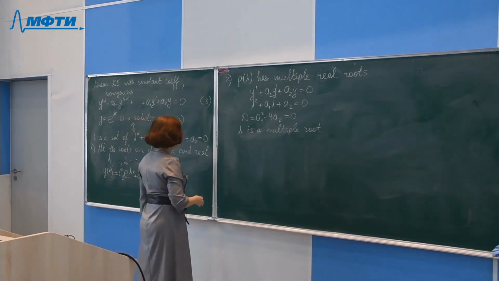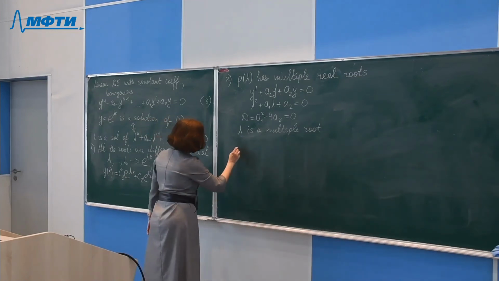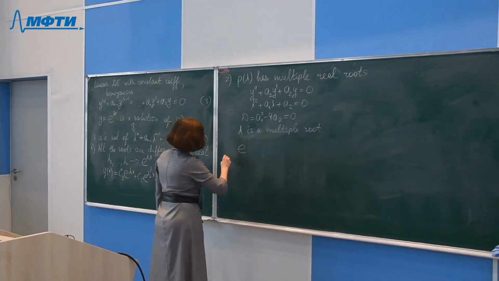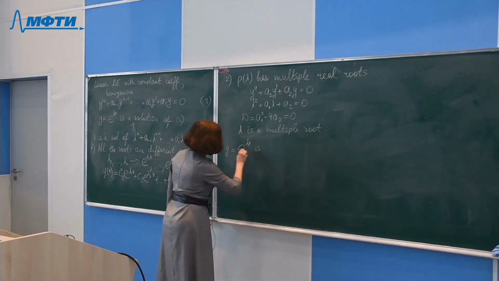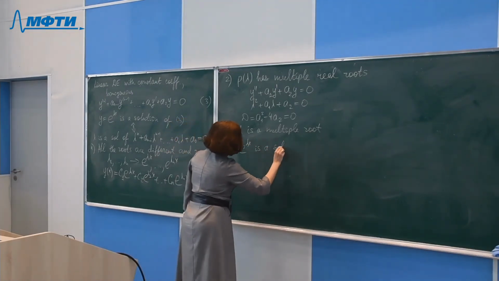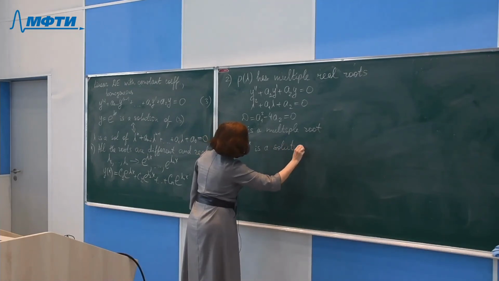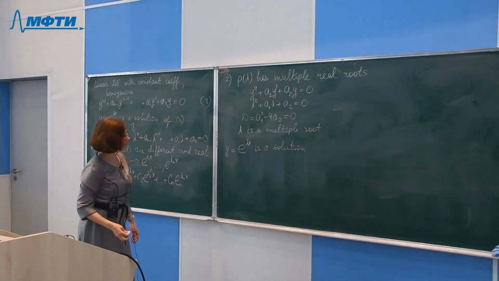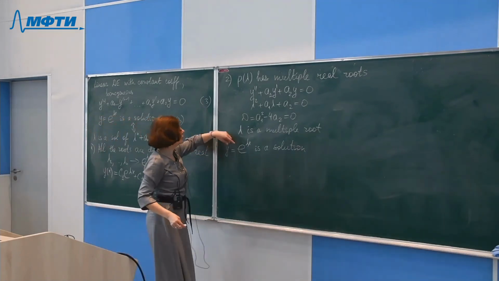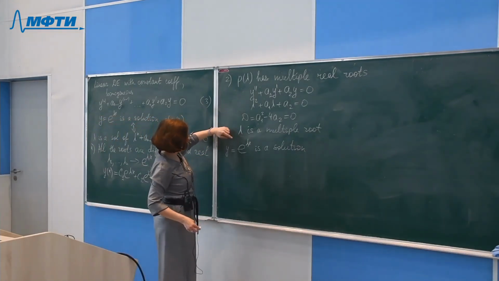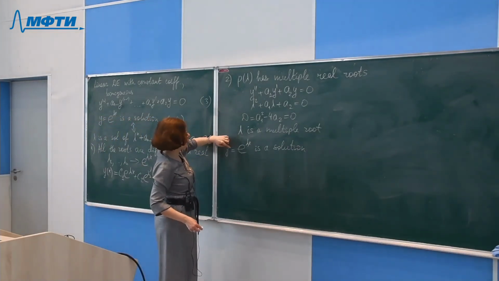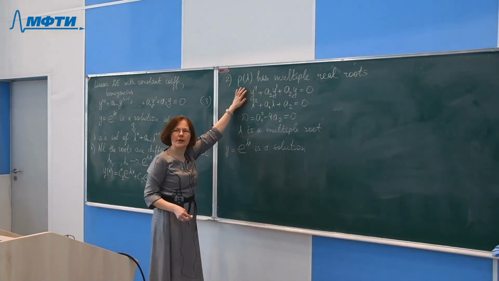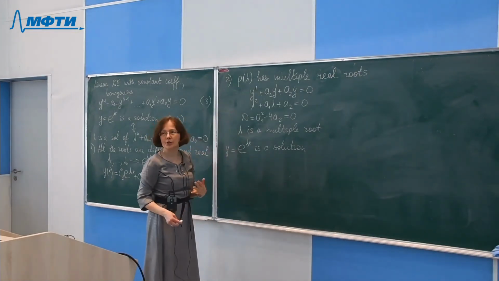Well, then the function e to the power lambda x is a solution. It can be easily proved by taking the first and the second derivatives and substituting into the original equation. So this is a solution.